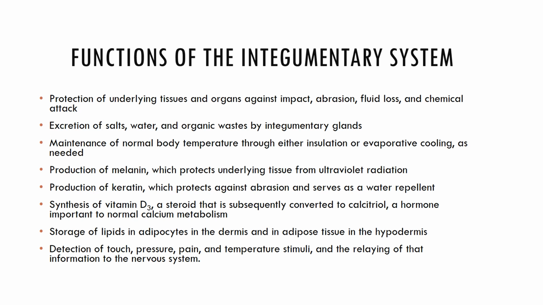The skin is a storage of lipids and adipocytes in the dermis and adipose tissue in the hypodermis. And there's a number of receptors in the skin that allow us to detect touch, pressure, pain, temperature, and other stimuli, and that information can then be relayed to our nervous system for integration and processing.